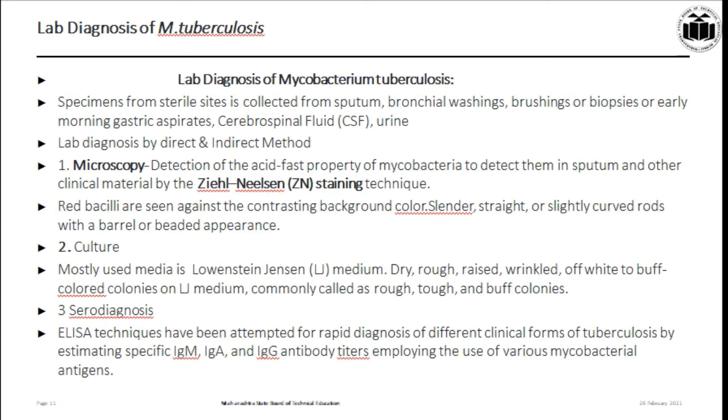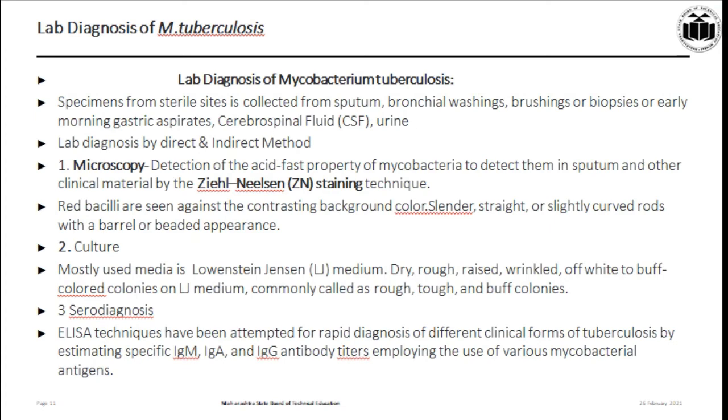Certain other techniques are also there to diagnose Mycobacterium tuberculosis, that is the ELISA technique, where there is rapid detection of specific antibodies against the Mycobacterium antigen, and for that you require the blood sample.